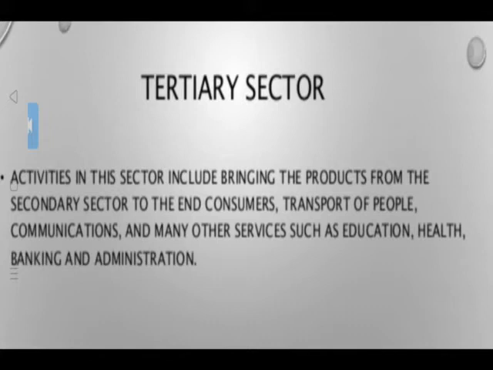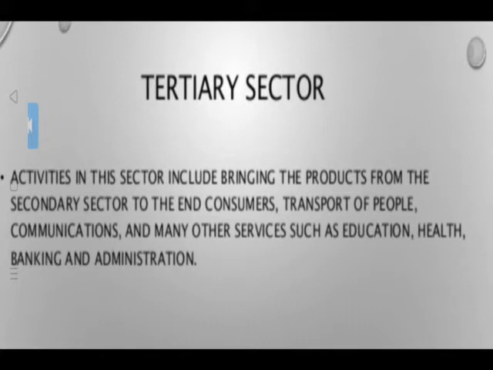Now, primary sector was more concerned with the natural resources which are available: agriculture, farming, fishing, all of that. Then we went on to secondary sector, which deals with the processing, the manufacturing of goods. Now the tertiary sector is for the services which have been provided, and they complement primary and secondary sector.